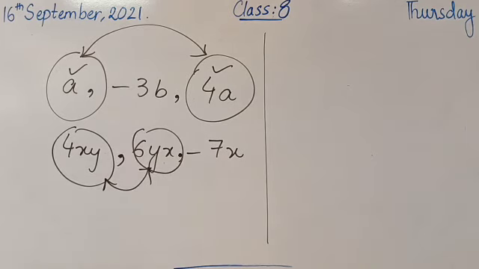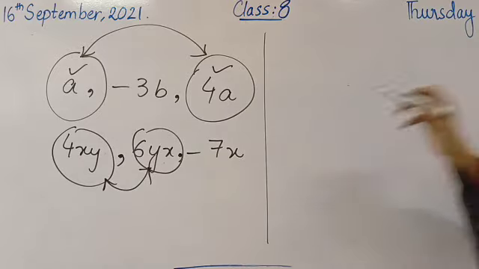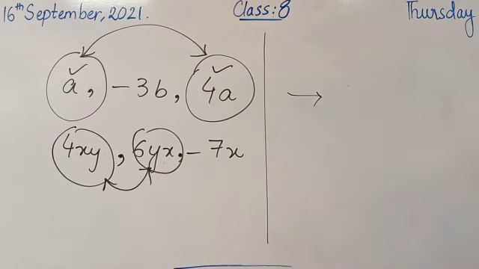Now in the next class, I hope we will perform different operations, addition and subtraction. So keep it in your mind that we cannot perform the operations of addition and subtraction on unlike terms.